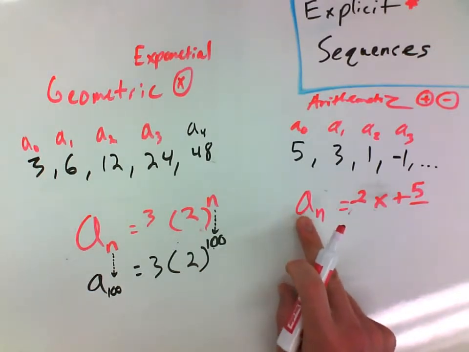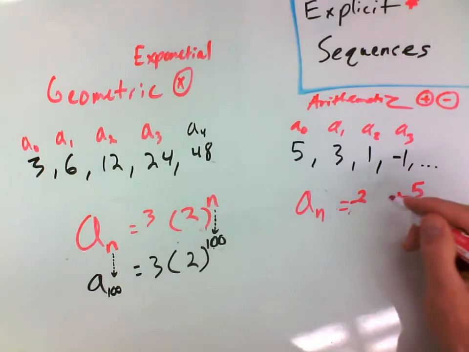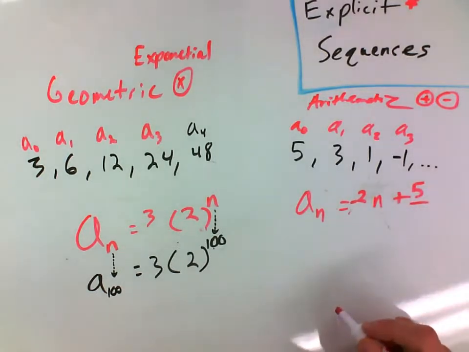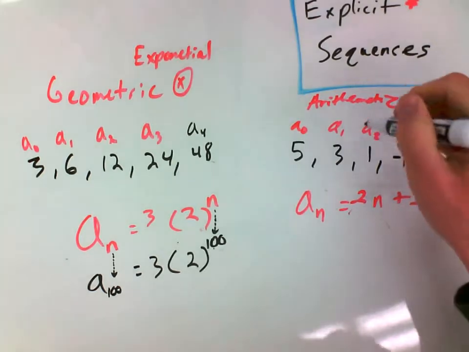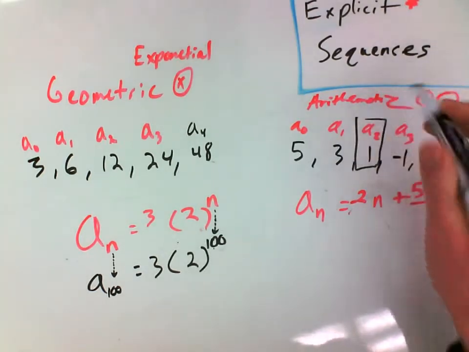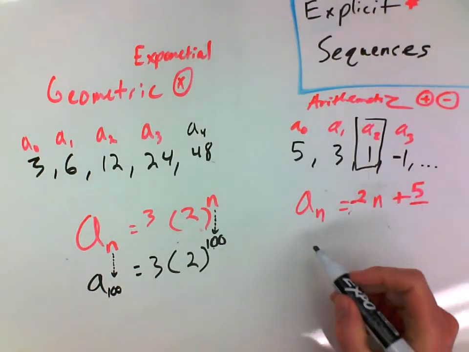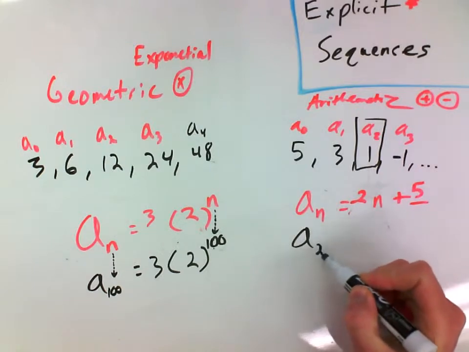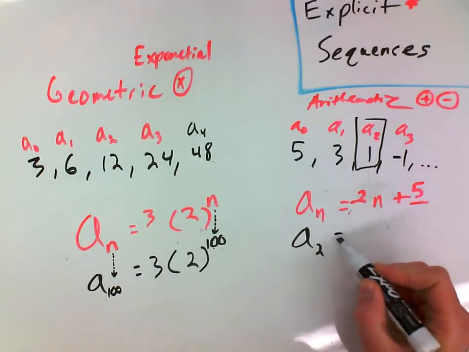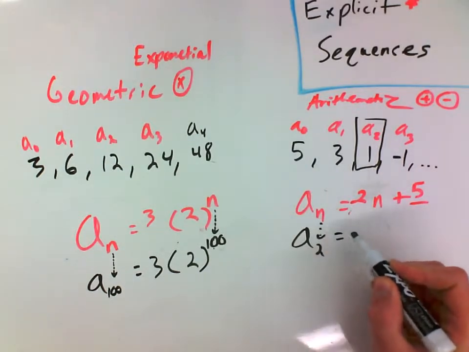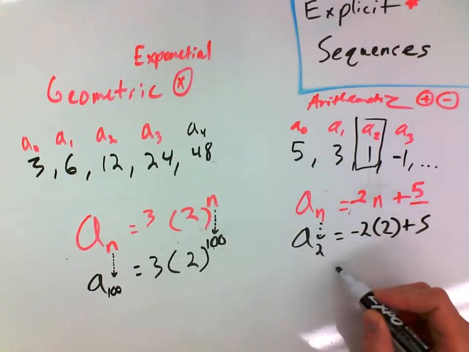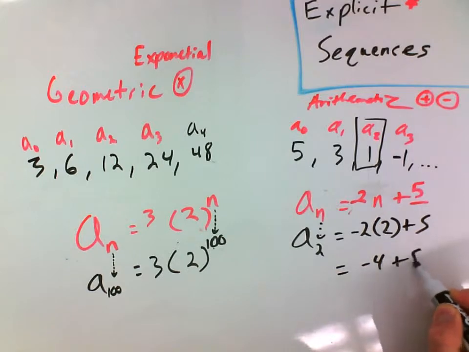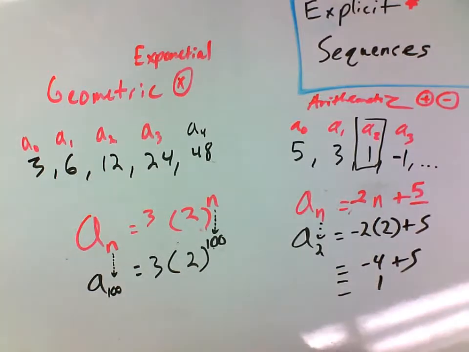I'm going to say I want to find any one in there, and I'm going to change this to this. That way I could double check a value. Like if I wanted to confirm that a sub 2 really was 1, I'd say, okay, I want to calculate from my equation what a sub 2 is. Well, I plug in a 2 for n. That means all I need to do on this side is plug in a 2. So I get negative 4 plus 5. Guess what? That's 1, right? So that works.